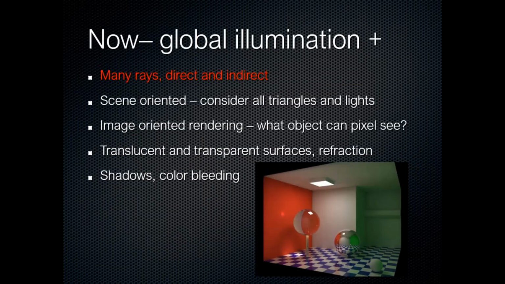If we go to global illumination, we're going to consider many rays, direct and indirect, as they bounce around the scene. We're going to be more scene-oriented in that we're going to consider all triangles and lights at the same time.